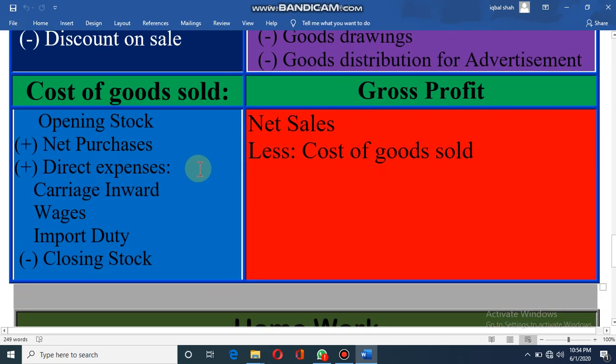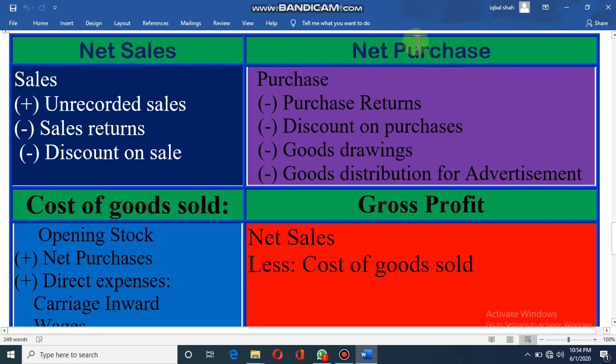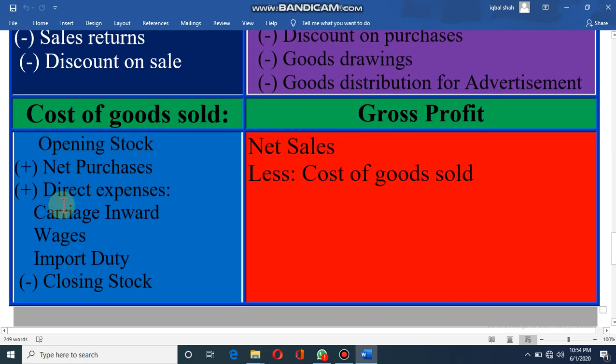Dear student, now cost of goods sold. How you will find out cost of goods sold? Opening stock, add net purchase. Net purchase you calculate here. Then direct expenses add, and some examples of direct expenses are carriage, wages, import duty, moreover dock charge, coolie wages, packing expenses. That is also a direct expense.